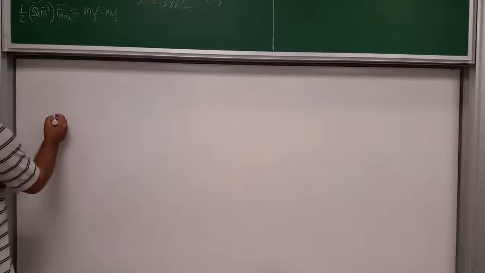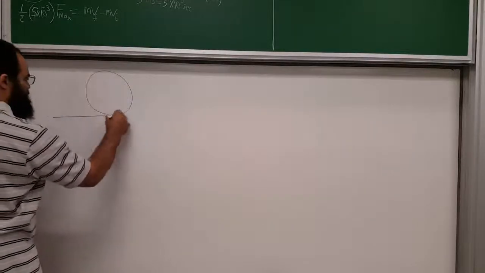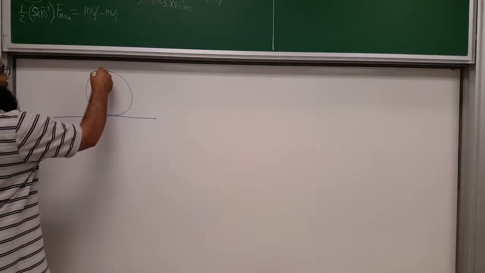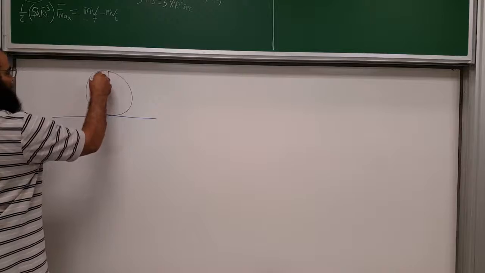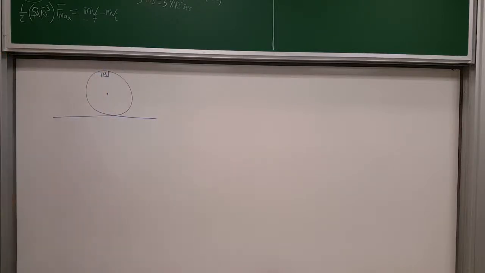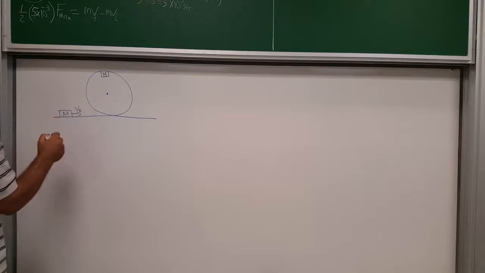So if you have a loop like this, the radius is r. Let's say the mass here is m. You have a mass m here, and it starts here with some speed, v initial.